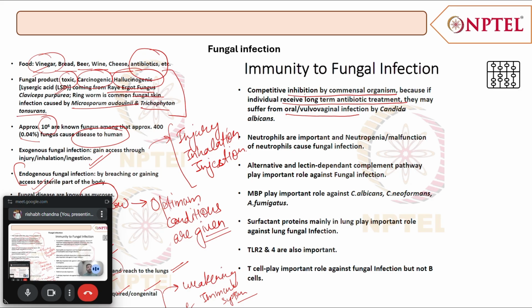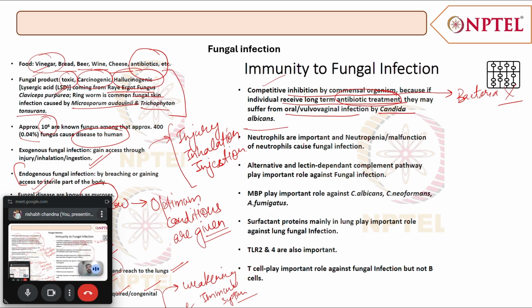With very long-term antibiotic treatment, the bacteria that we have in the body die. Because of that, there is a loss of competitive inhibition, and that causes the infection with Candida albicans.